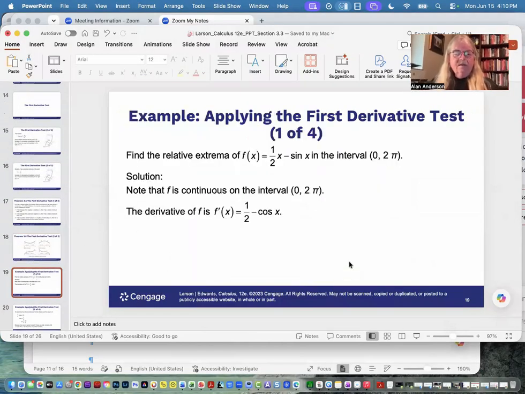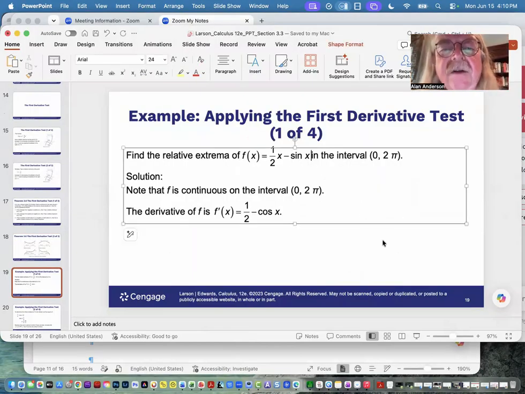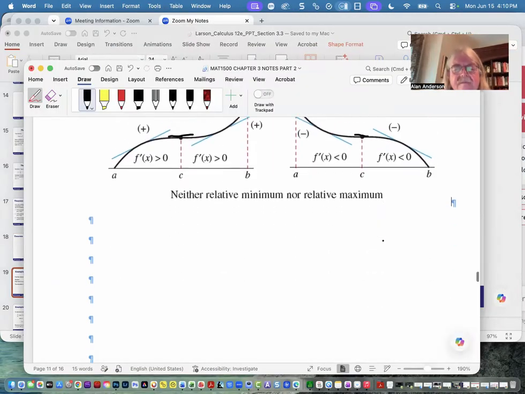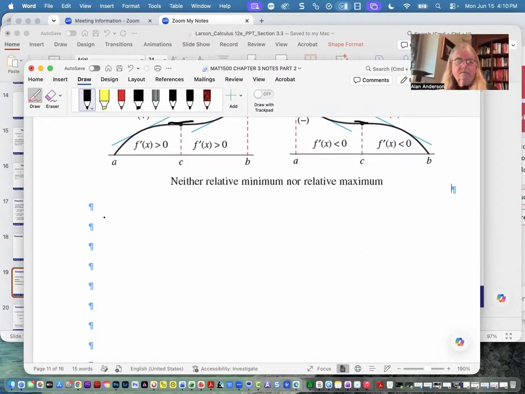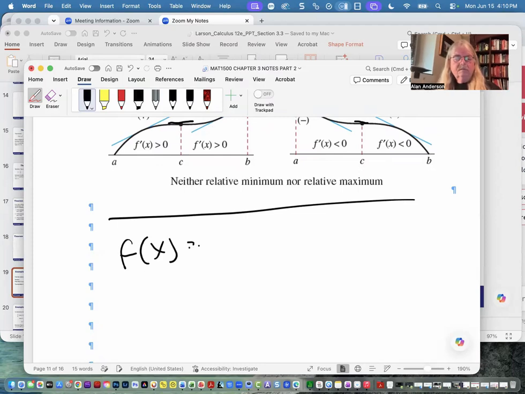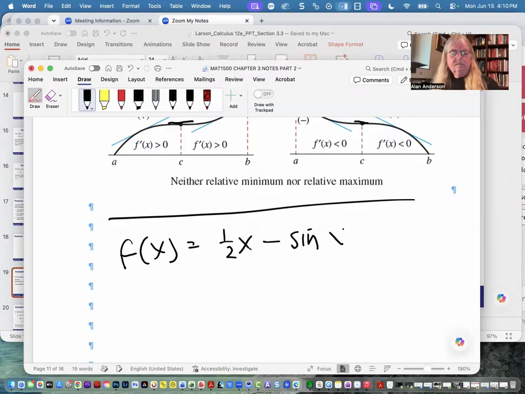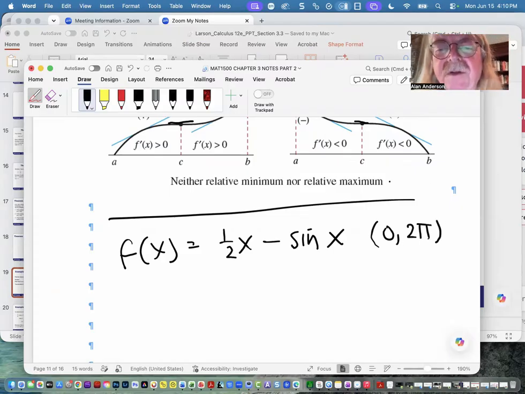All right, so now they're going to throw in trigonometry. Okay, well, we'll see what we can do. Here's the graph. Here's the function. We're only going to consider it over the interval 0 to 2 pi.